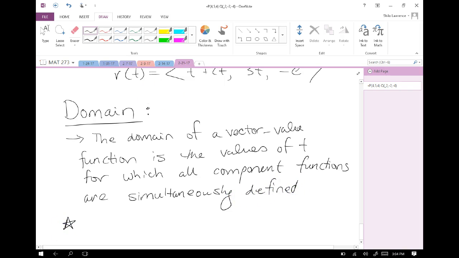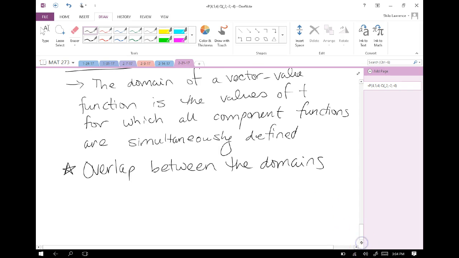And probably the easier way to say that is it's the overlap between the domains of f of t, g of t, and h of t.